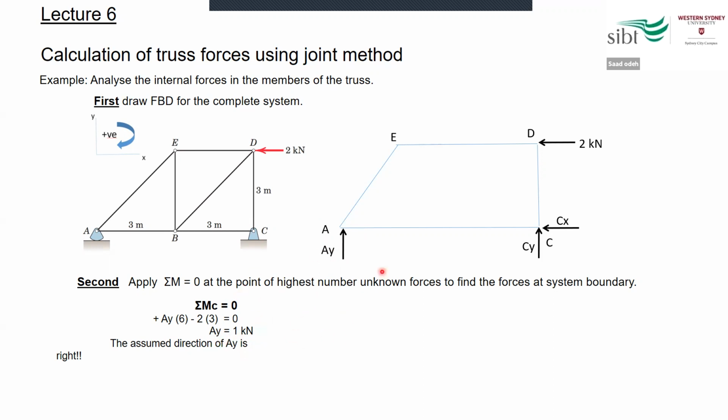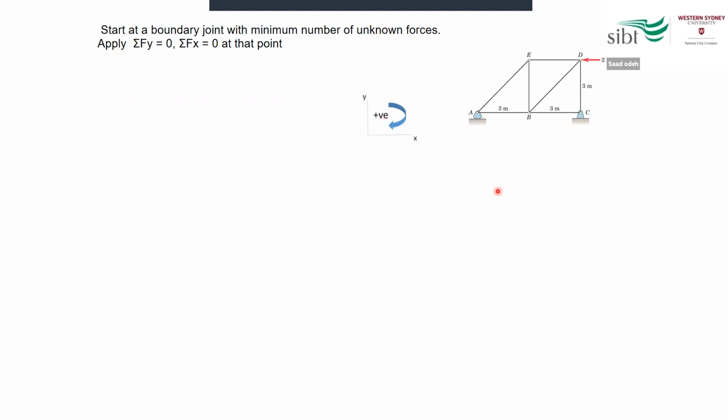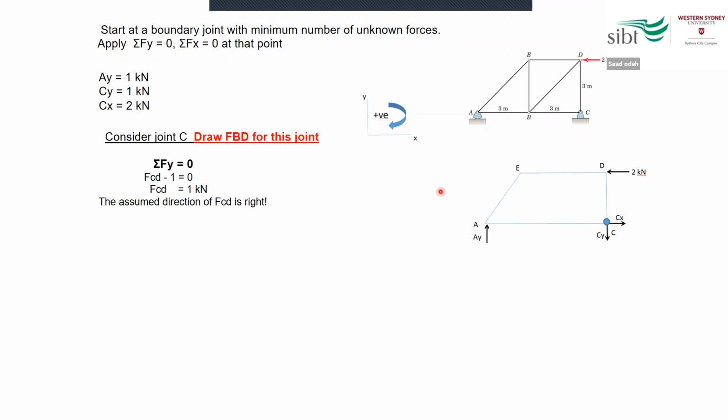We keep doing this for all points to find out the unknown forces at all joints. If we want to proceed and find the forces at all the points in the system or all joints here, we can do the same thing for each force.